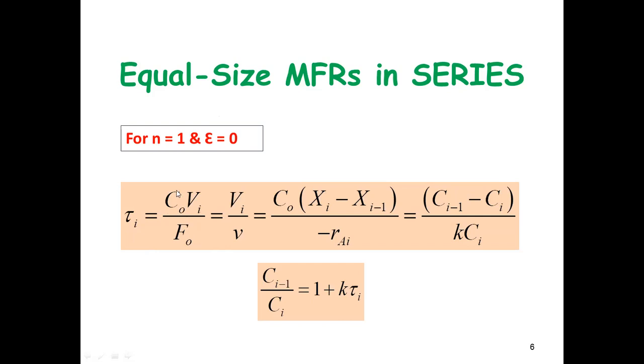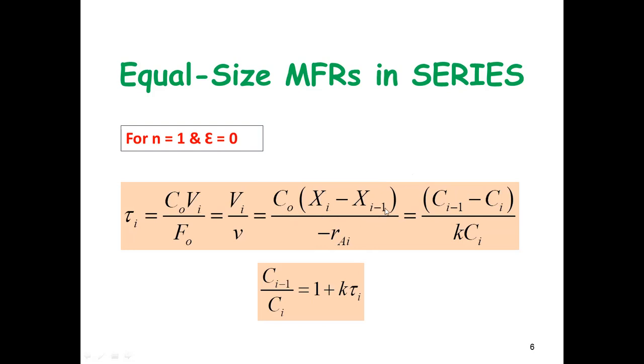So concentration multiplied by the volume of the reactor divided by the molar feed rate, or simply put, the volume of that particular reactor divided by the volumetric flow rate. In terms of concentrations and conversion, the numerator will represent the part that has been converted divided by the rate law.